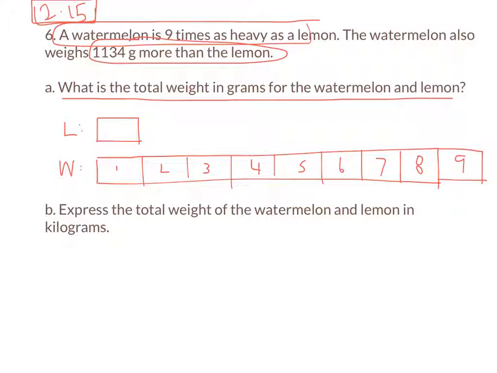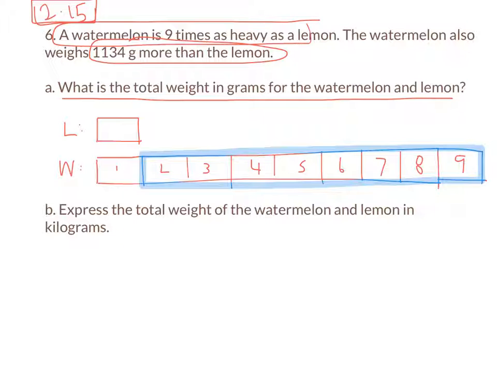Does that make sense? Okay, is that the only thing we know about how the lemon and the watermelon compare? No. We also know that what? The watermelon weighs 1,134 grams more. So would you guys agree that this part right here is the extra part of the watermelon? Yeah. Right? All that non-highlighted stuff is the same, right? Yeah. And so this part is the part that the watermelon weighs more than the lemon.